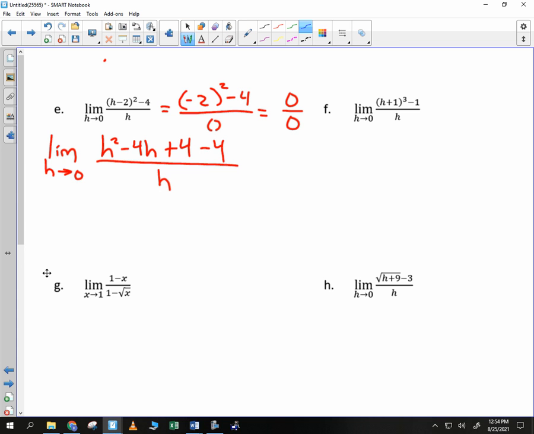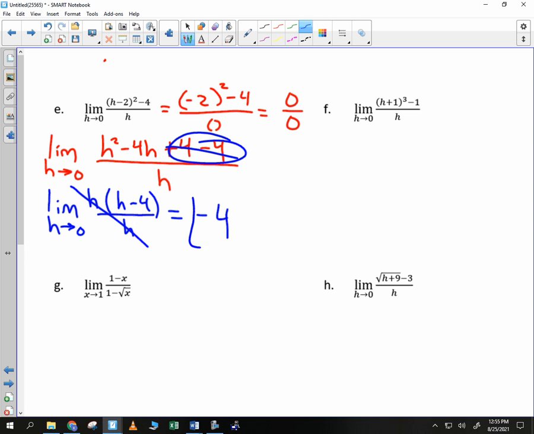Thank goodness that the 4's cancel. And now you have h squared minus 4h all over h. You could factor an h out of the top. So we have the limit as h goes to 0. If I factor that h out of the top, I'm left with h minus 4. And in the denominator, I have that h. Those are now gone. Simply substitute your 0, and we get negative 4.